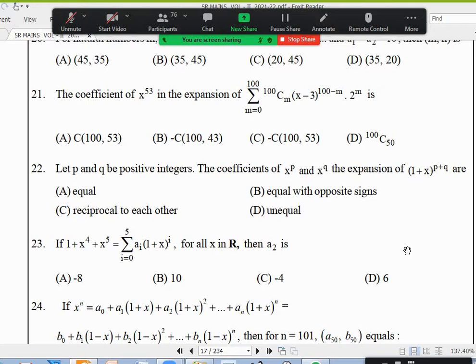Anybody else crossed 20 marks in maths? Okay, 21.